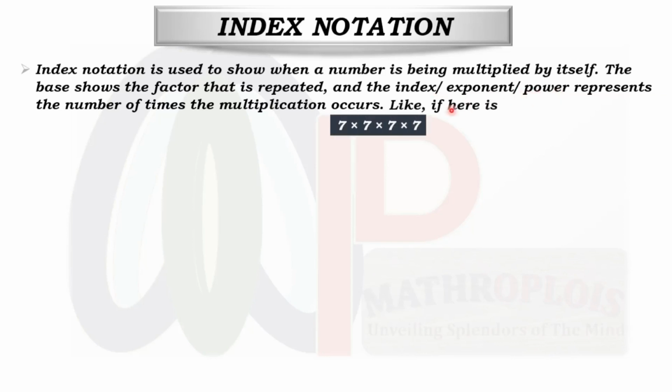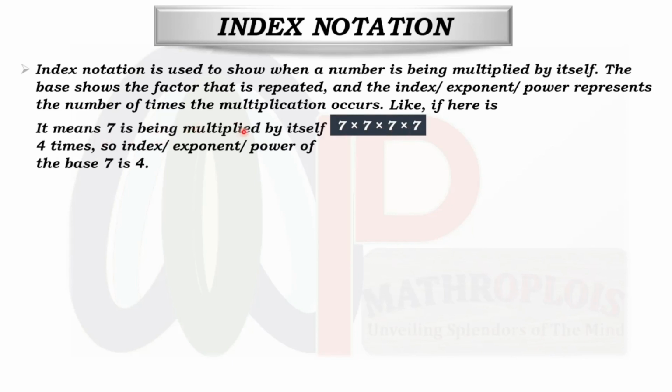Like if here is 7 multiplied by 7, multiplied by 7, multiplied by 7. It means 7 is being multiplied by itself 4 times, so the index, exponent, or power of the base 7 is 4.